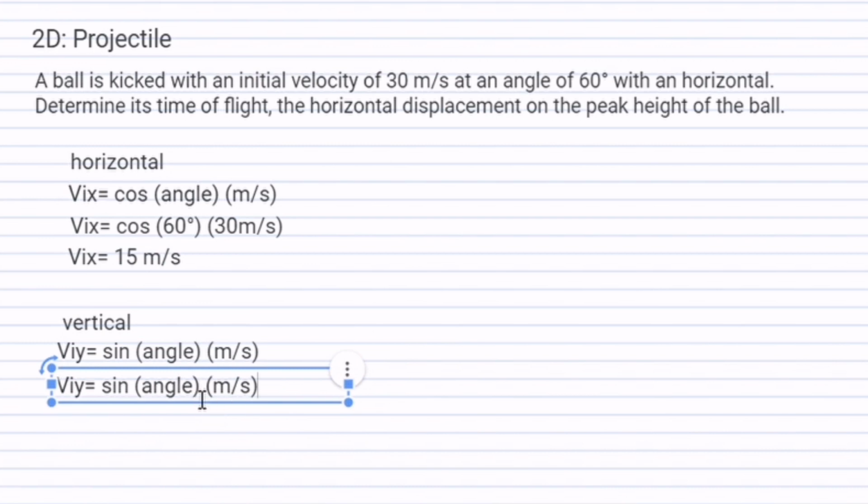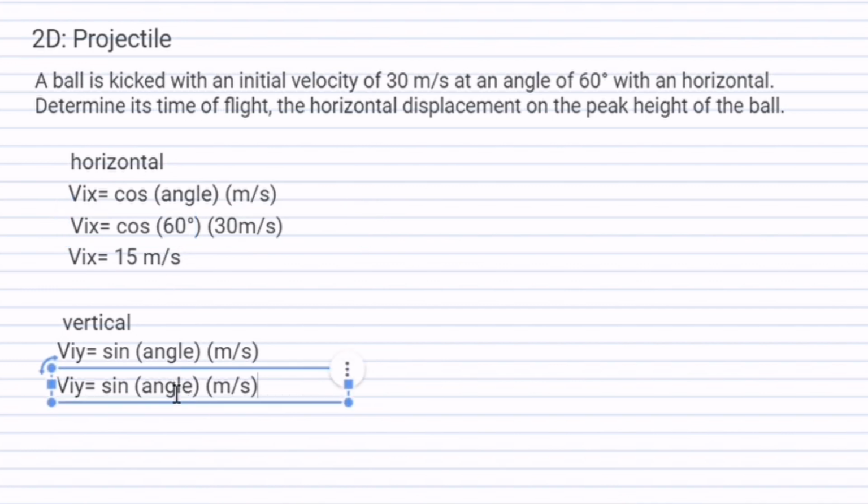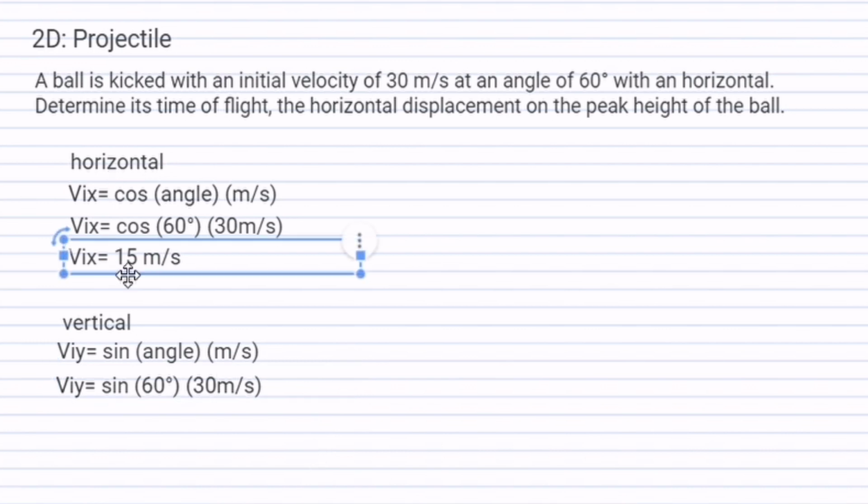The angle is 60 degrees, while the meters per second is 30. So now let's solve it through the calculator.